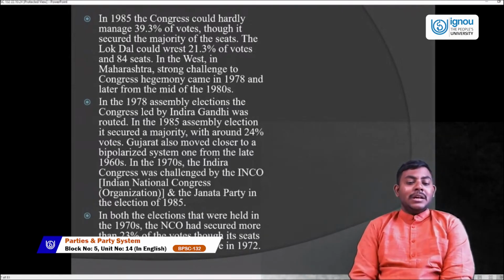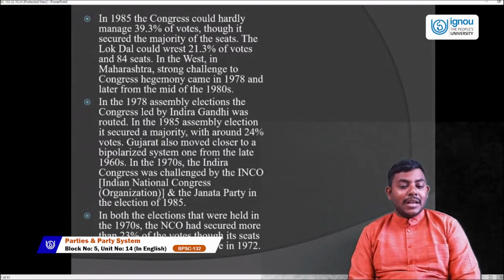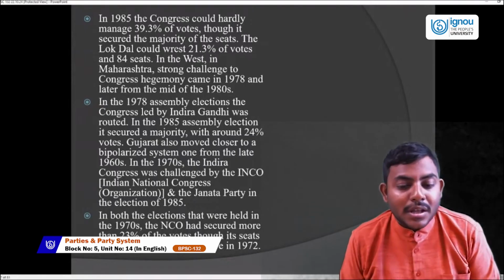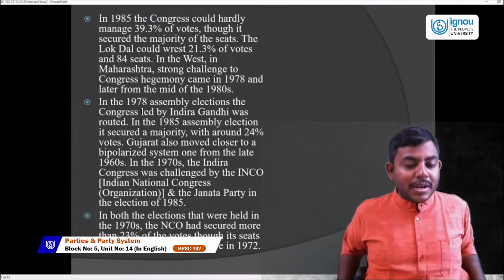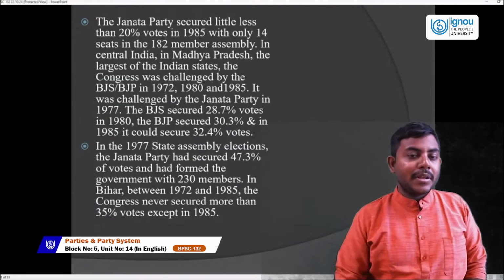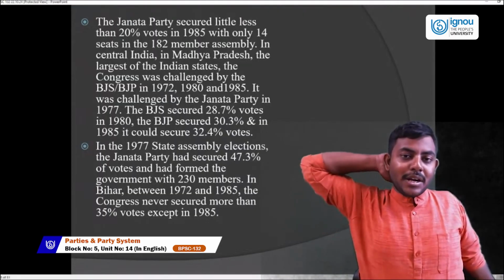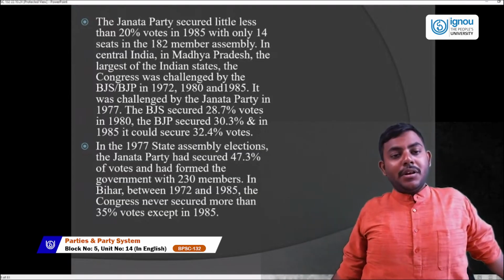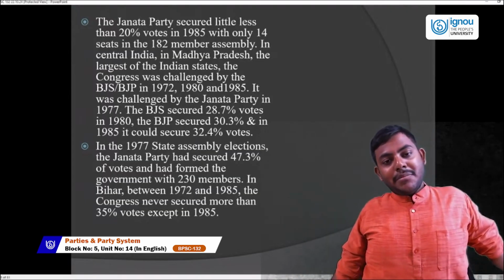In both the elections held in the 1970s, the Indian National Congress Organization had secured more than 23% of votes, though its seat tally was not very impressive in 1972. The Janata Party secured a little less than 20% votes in 1985, with only 14 seats in the 182-member assembly.